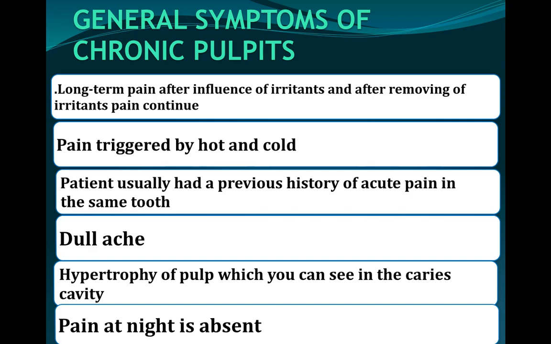The pain at night is absent. We should pay attention that compared with acute pulpitis, there is a dull ache, no sharp pain, and very important for differentiation, the pain at night is absent.